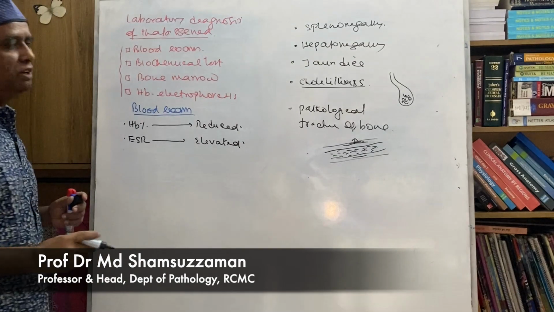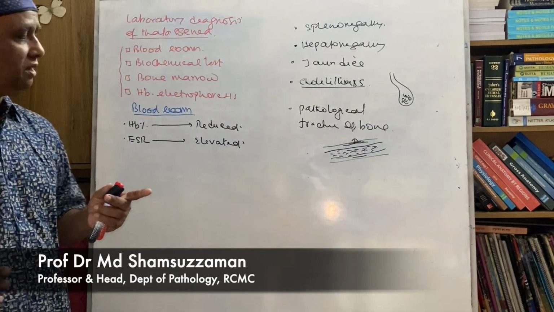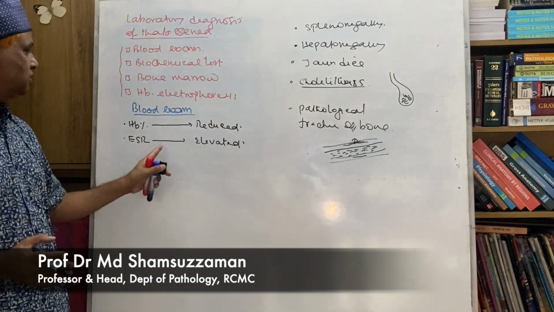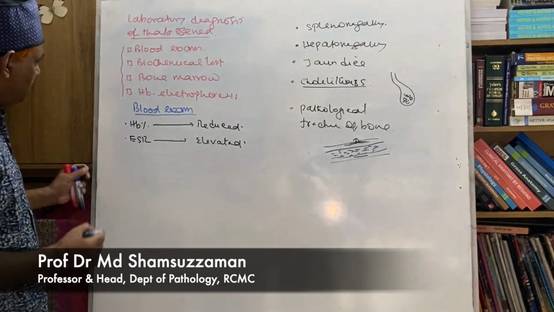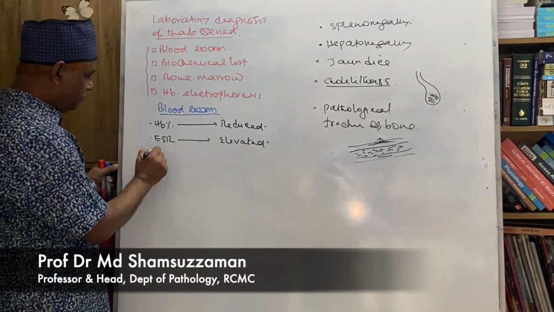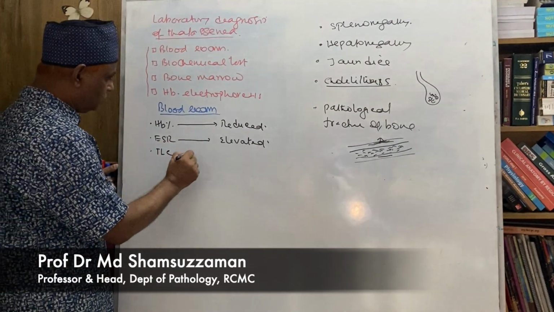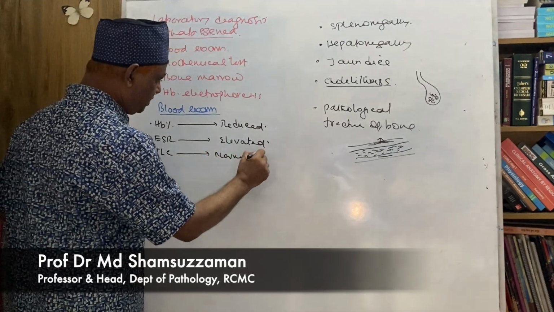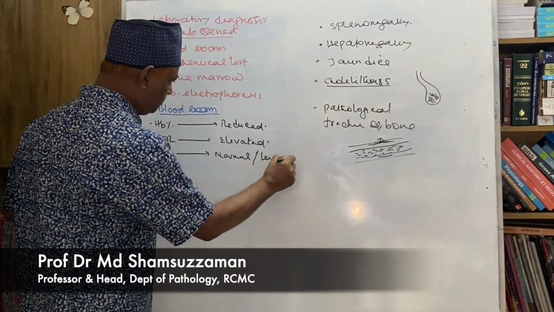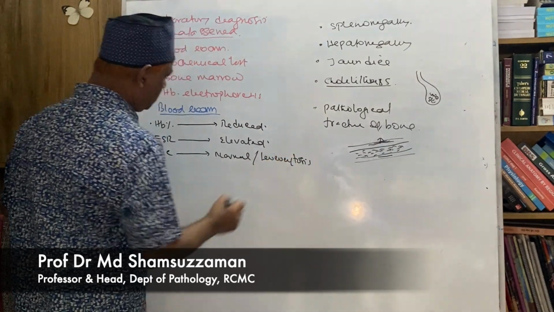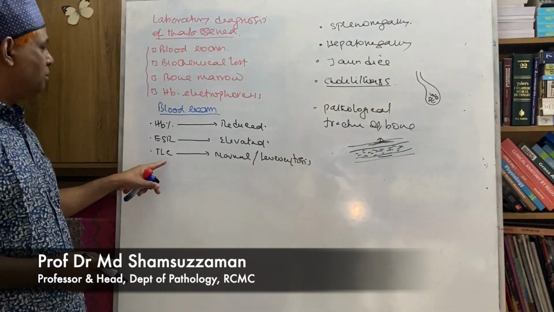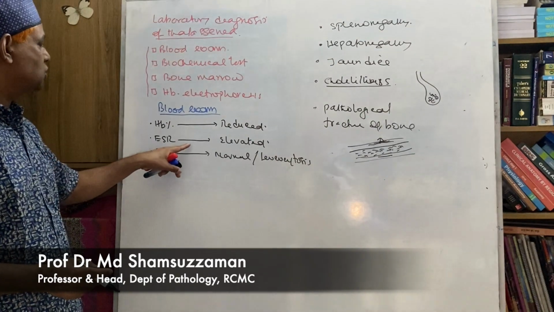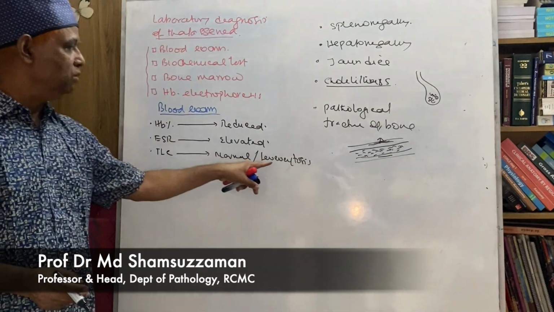as there is frequent infection causing frequent fever. Due to frequent infection, there is chance of elevation of ESR. Then total leukocyte count, it may be normal or sometimes leukocytosis. If there is concomitant infection in a thalassemic patient, there will be leukocytosis.